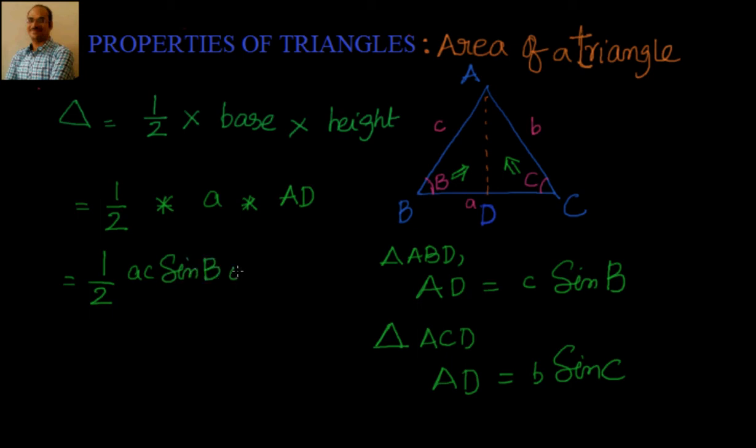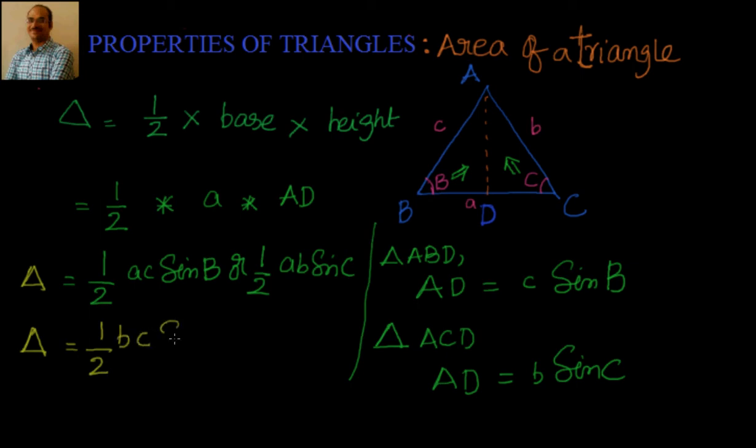Similarly, if instead of a you take b as the base, delta is equal to half b into c into sine of A, or half a b into sine of C. Now you can see that we have three equations.